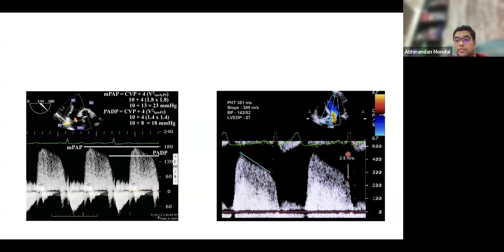Suppose this is 2.5 meter per second, and that is how you can calculate your LVEDP, because your BP is 142, that means your systolic blood pressure is, sorry, diastolic blood pressure is 52. So 52 minus 4 into 2.5 square will give you the LVEDP value 27.